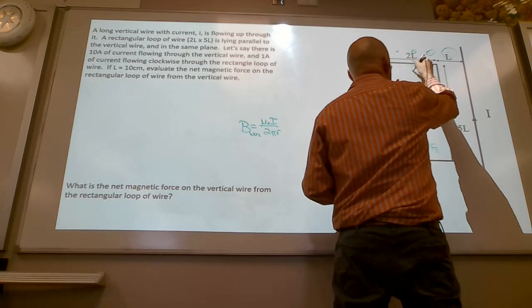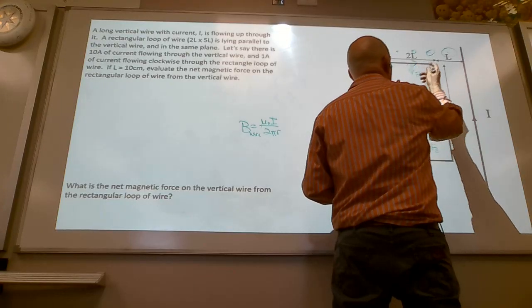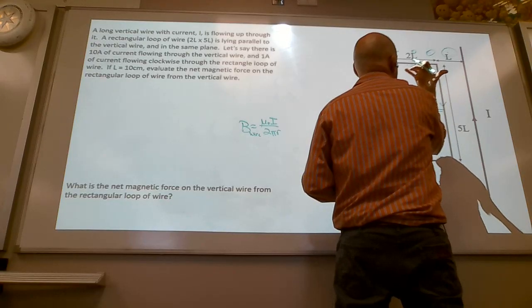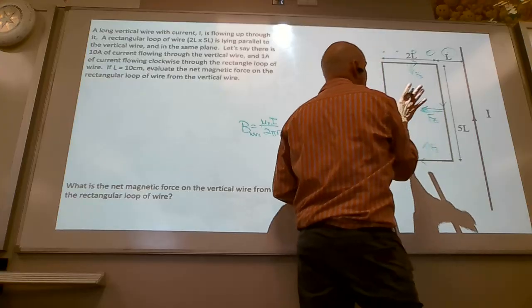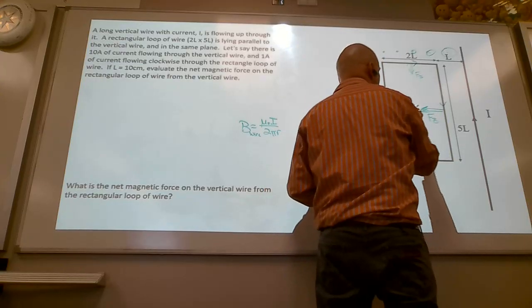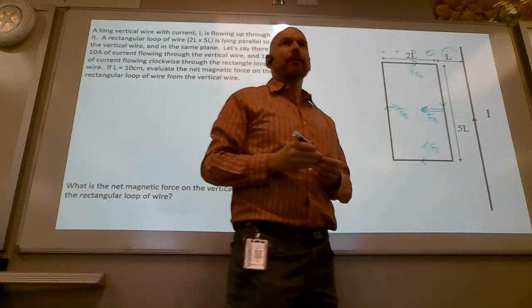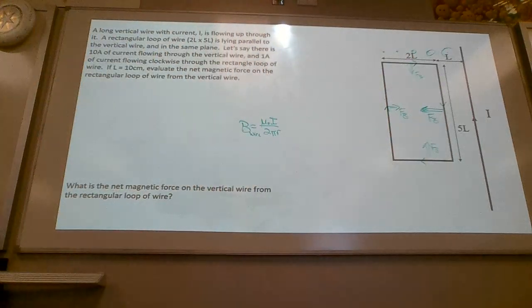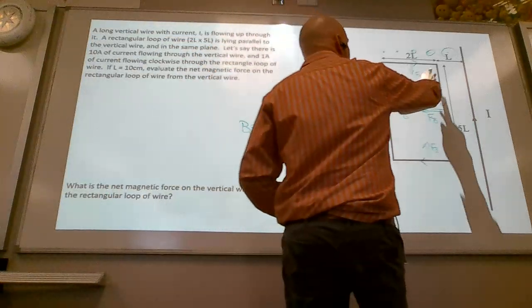This guy's being forced down. This guy's going to be forced that way. Is the net force 0? No. Which way is the net force? To the left, because the field is stronger here.